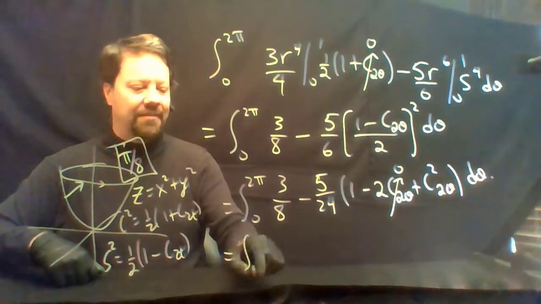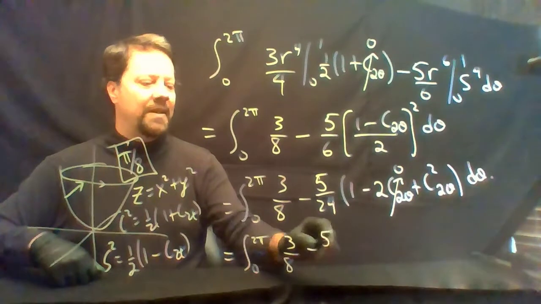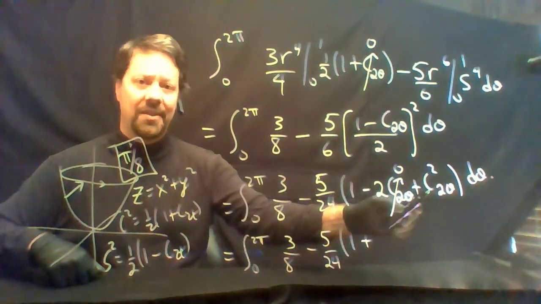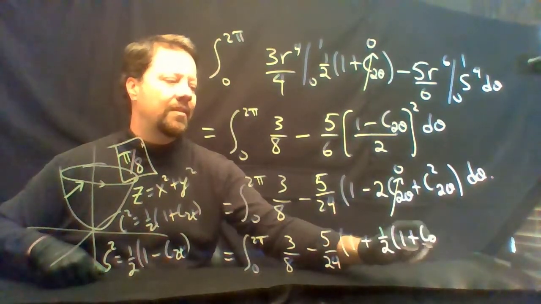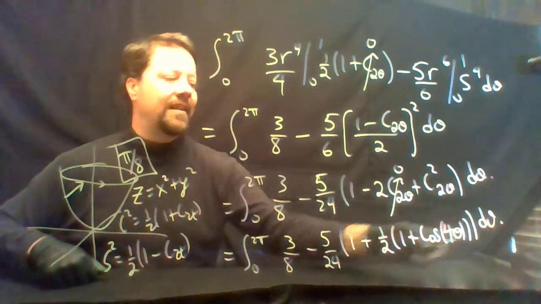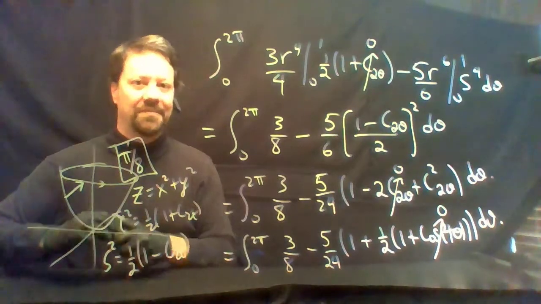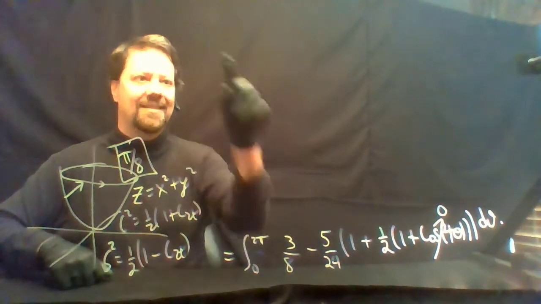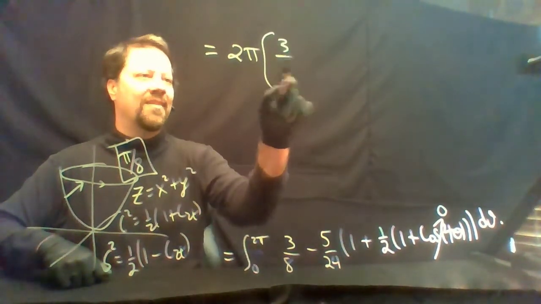We have then the integral from 0 to 2 pi, 3/8 minus 5/24 (1 plus, we need to use a half angle identity again, 1/2 times (1 plus cosine 4 theta)) d theta. Of course, the integral of cosine 4 theta is 0. The only thing that's left are constants, so we get 2 pi times whatever that constant is.